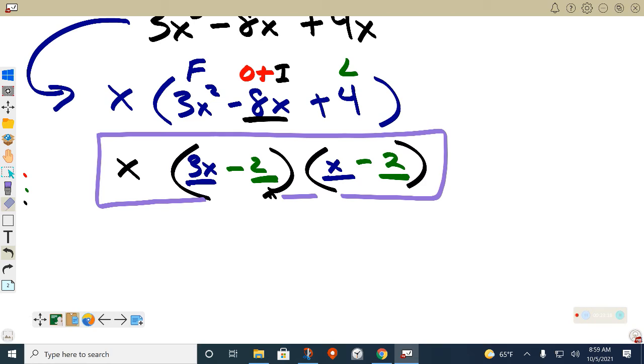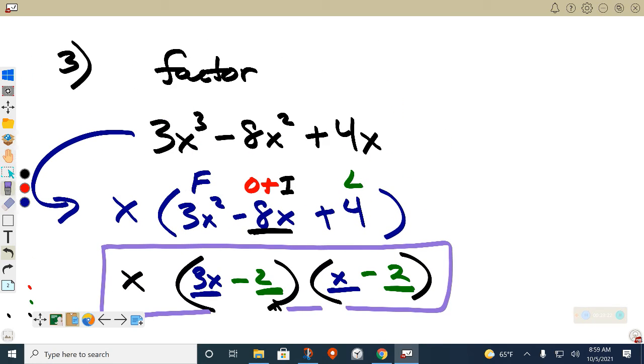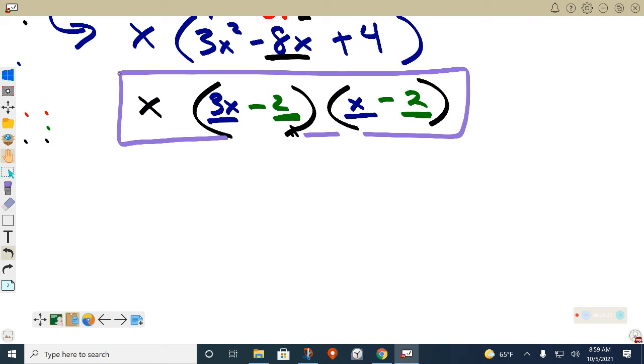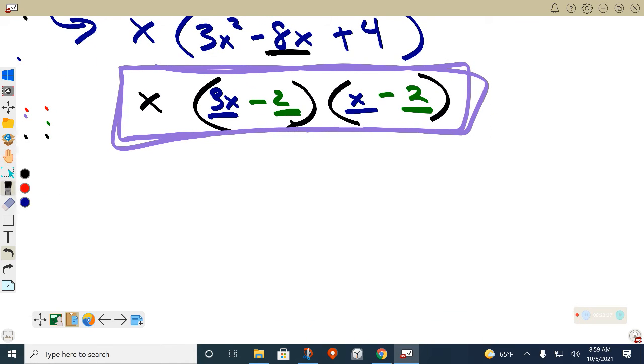Well, that's part of the stuff you multiply to get to the original stuff. Remember, the original stuff is right here. I'm telling you that if you multiply all this stuff out right here, you're going to get to the original stuff. Let me prove it. Watch.